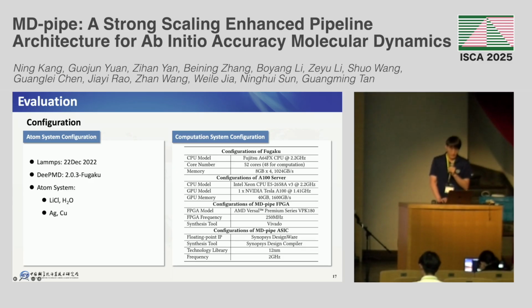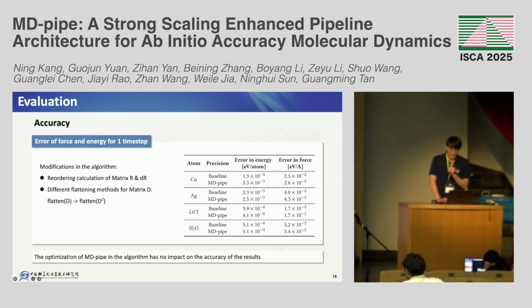For the FPGA implementation, we deployed MD pipe on an AMD VPK180 series FPGA running at 250 megahertz. Finally, for the ASIC design of MD pipe, we synthesize it using Design Compiler at a 12 nanometer process node, targeting a clock frequency of 2 gigahertz.